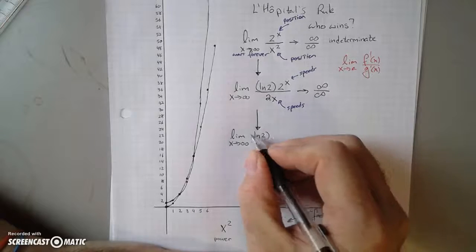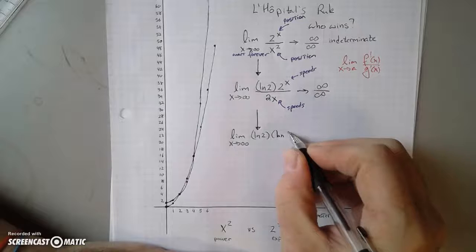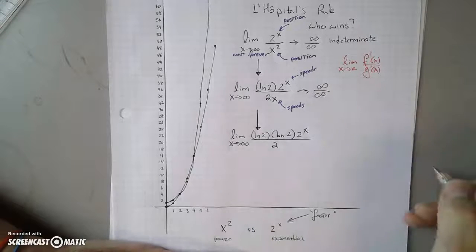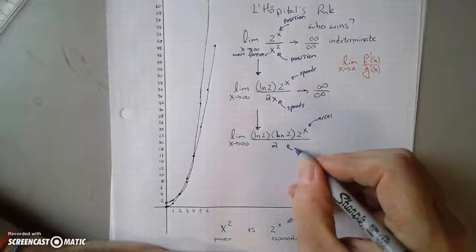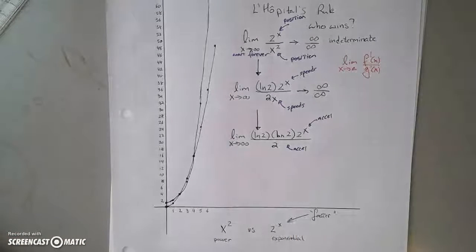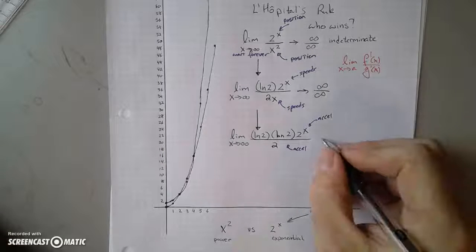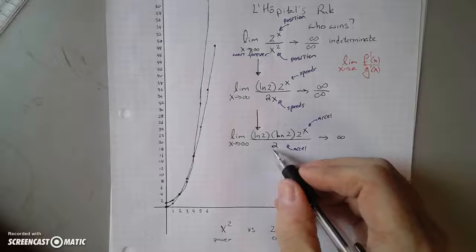And we're going to pick up another ln of 2 when we differentiate the 2 to the x again. And then we'll just have a 2 in the bottom. So these are like accelerations. Well, finally, we're getting somewhere. This limit just goes to infinity because the 2 doesn't do anything.